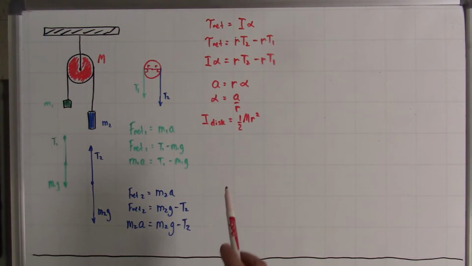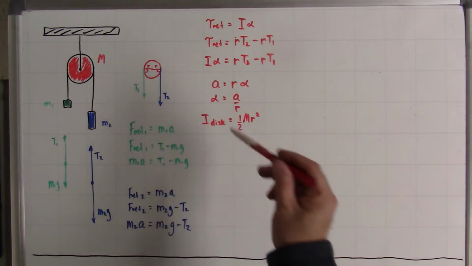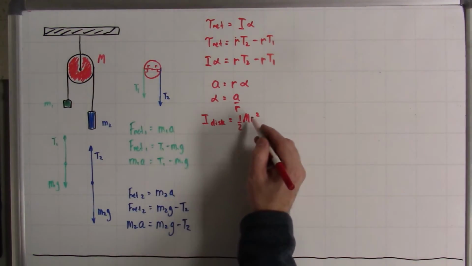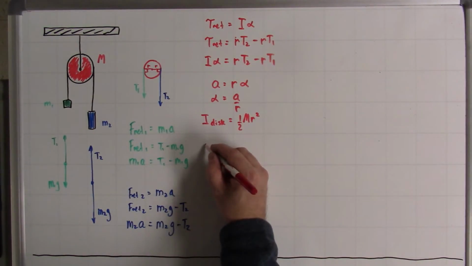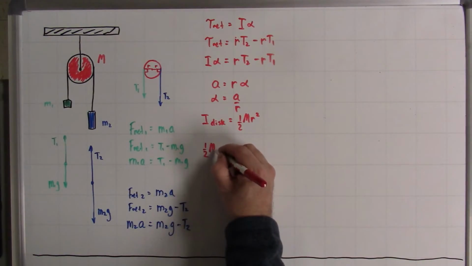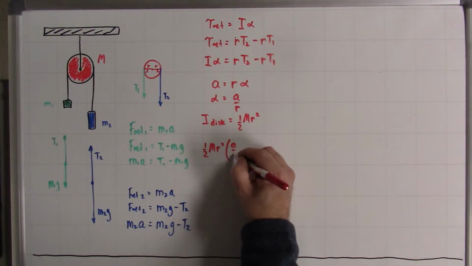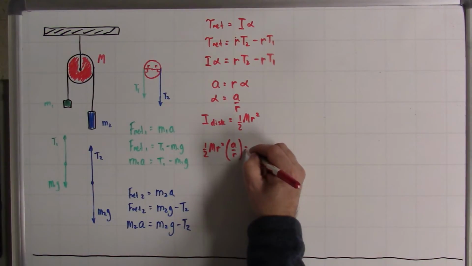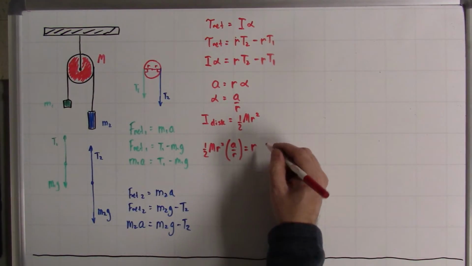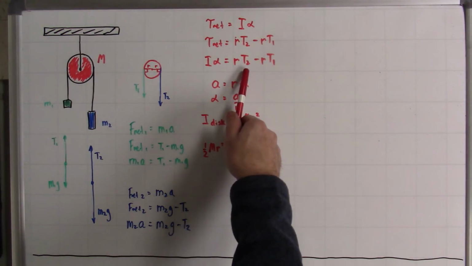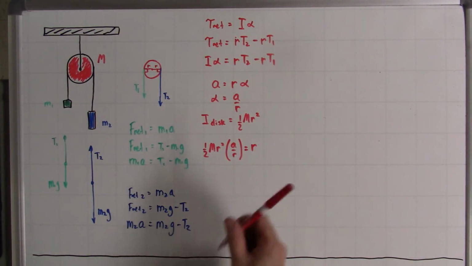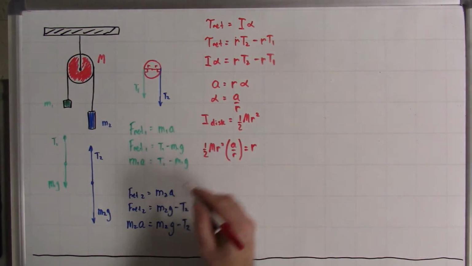And so now we can start making our substitutions in here and see if we can simplify a little bit. So put the I in, so I have 1/2 mr squared times A over R, that's for the alpha, is equal to R, and then I have T2, and then I have RT1.